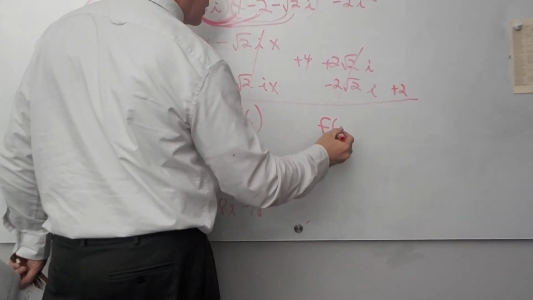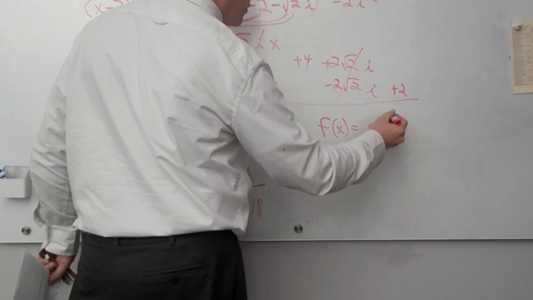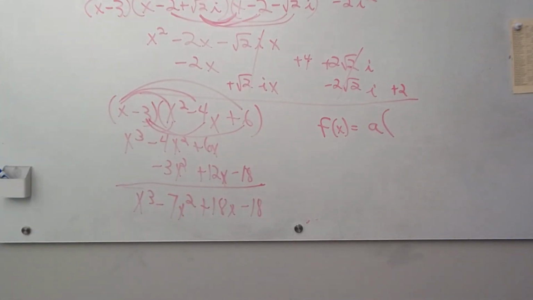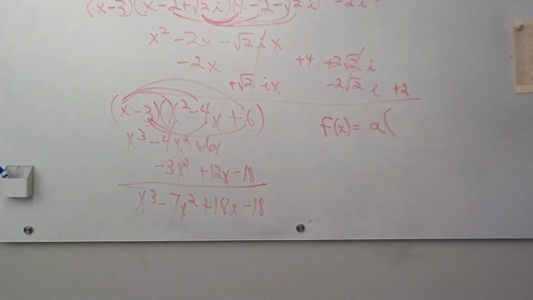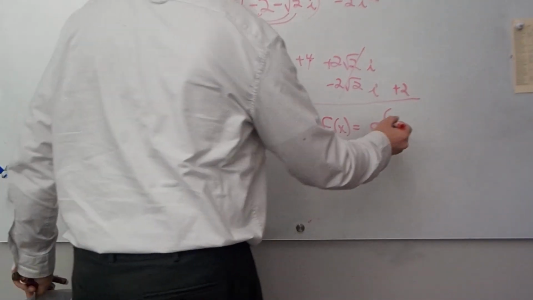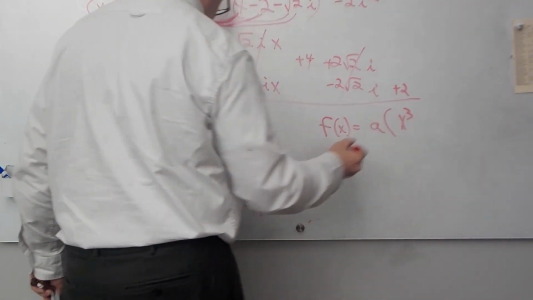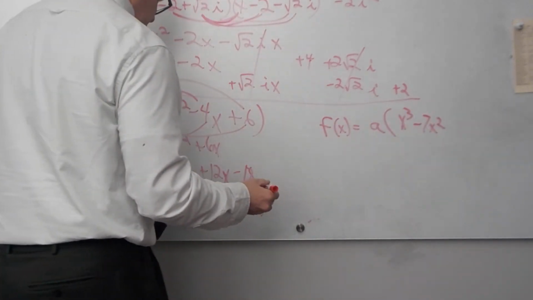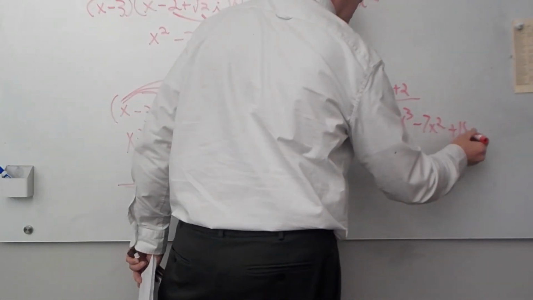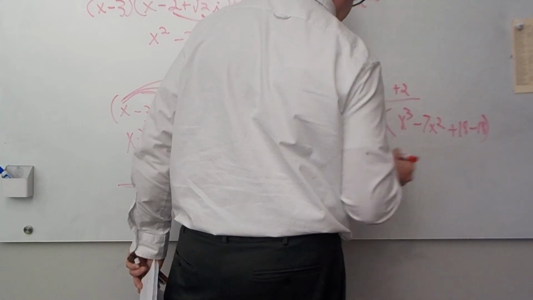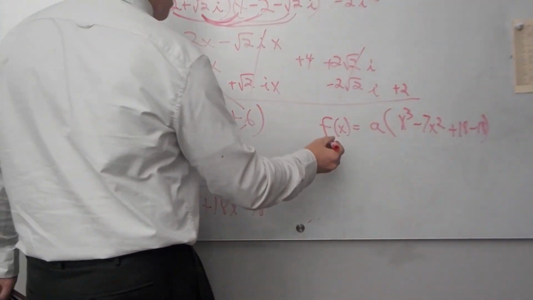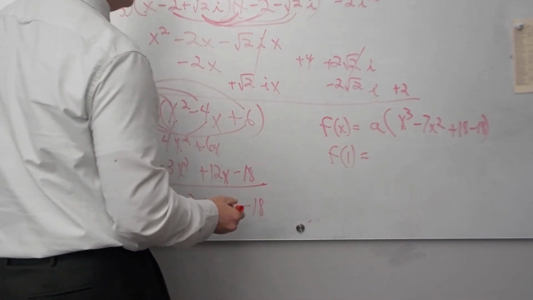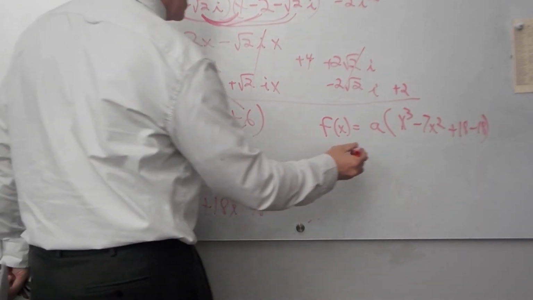f of x will equal, and a multiple, I'll use a for the number there, a times this: x cubed minus 7x squared plus 18x minus 18. f of 1 is equal to 6.